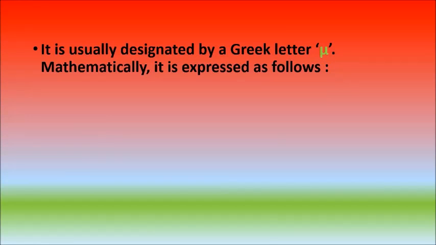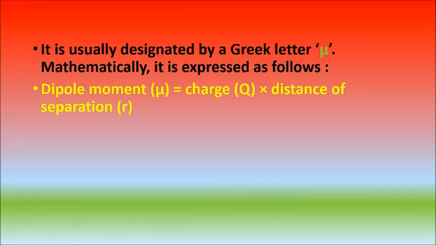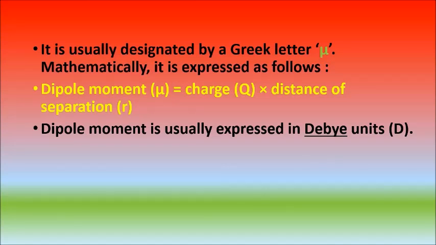Mathematically, we can express the dipole moment as mu equals q, that is charge, times the distance of separation. The distance of separation is taken as r, and it is usually expressed in the unit debye.